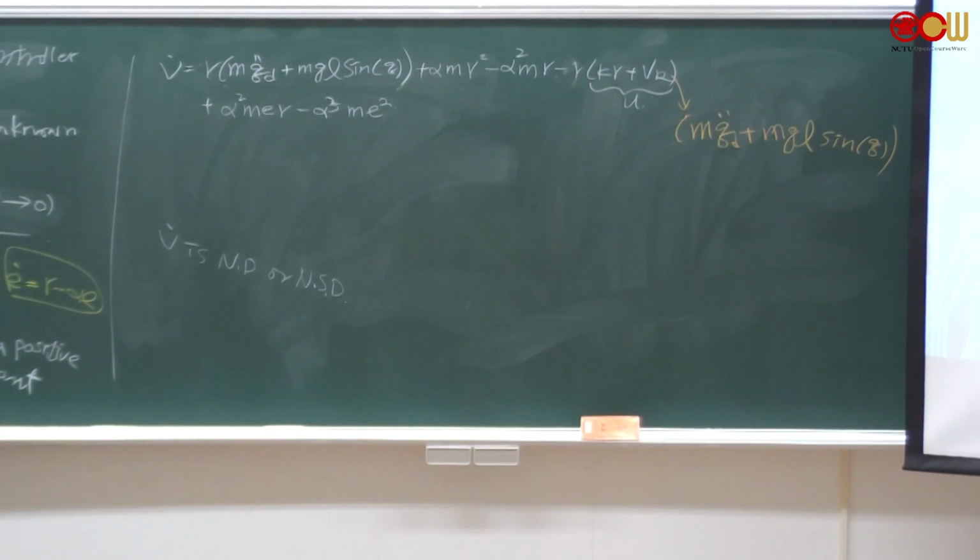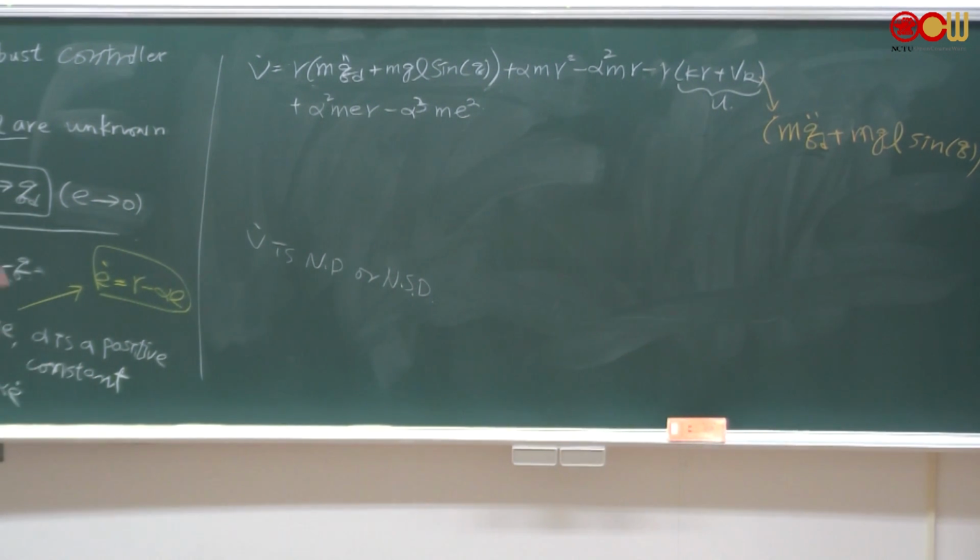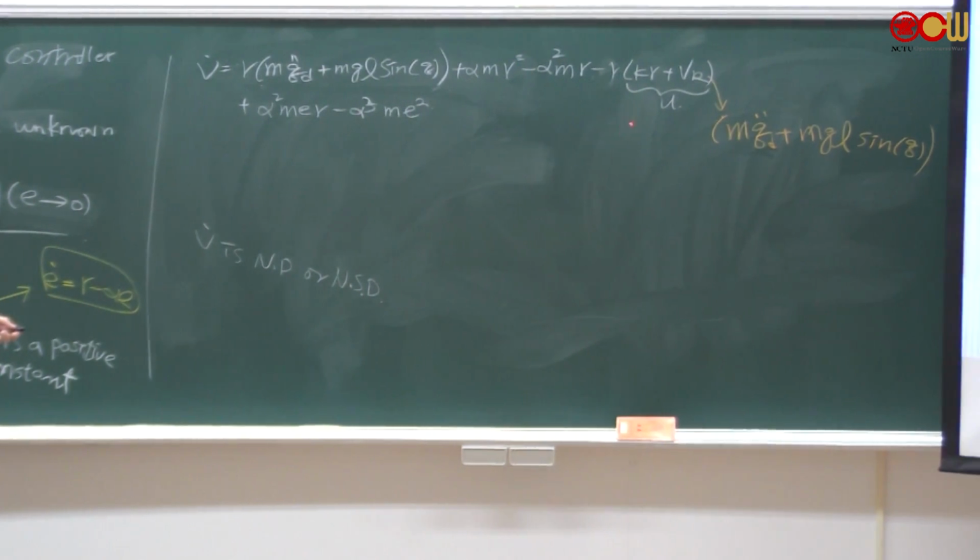You know why? Can someone tell me why it doesn't work? So it looks great, right? It looks like you are smart. If you put this term in, it can cancel out this term. Oh, amazing, right? Everything becomes square, and it probably will be ND, right?